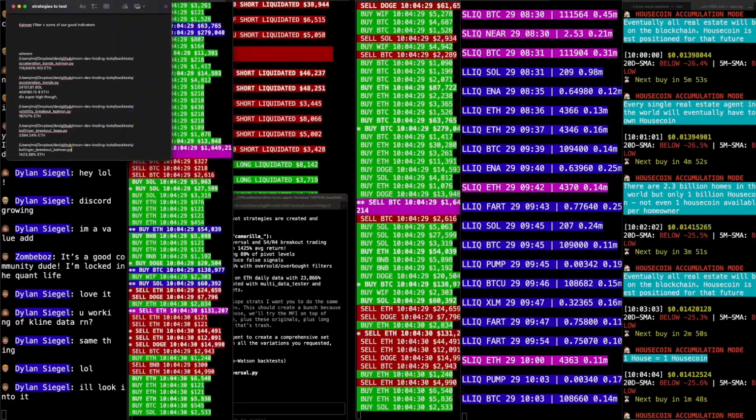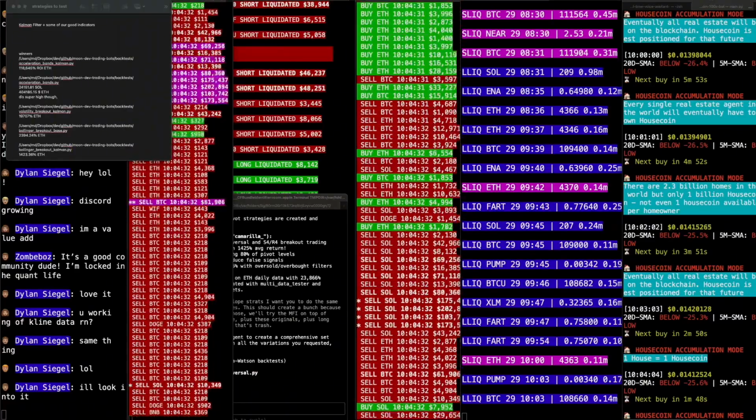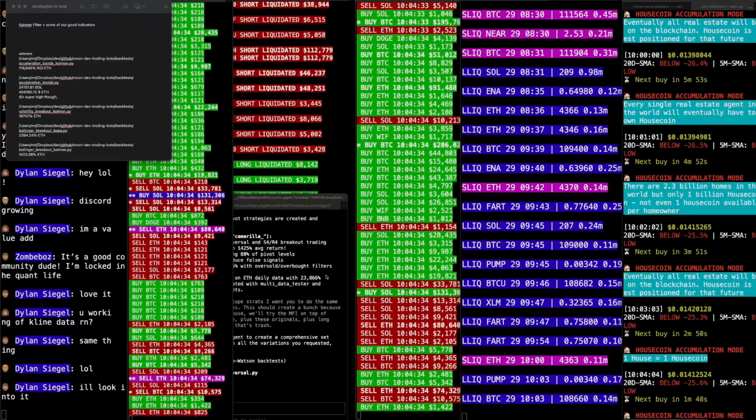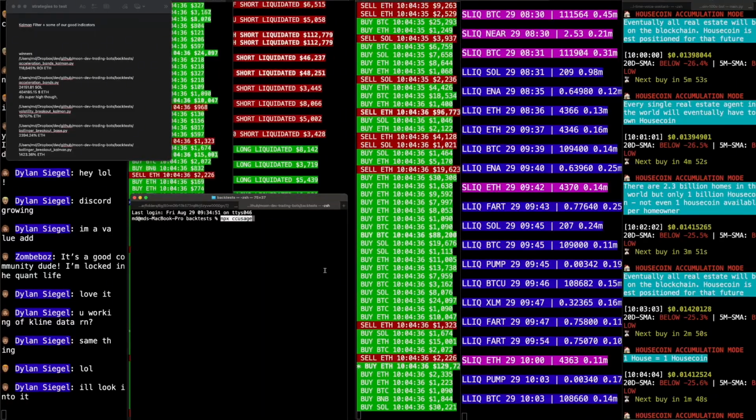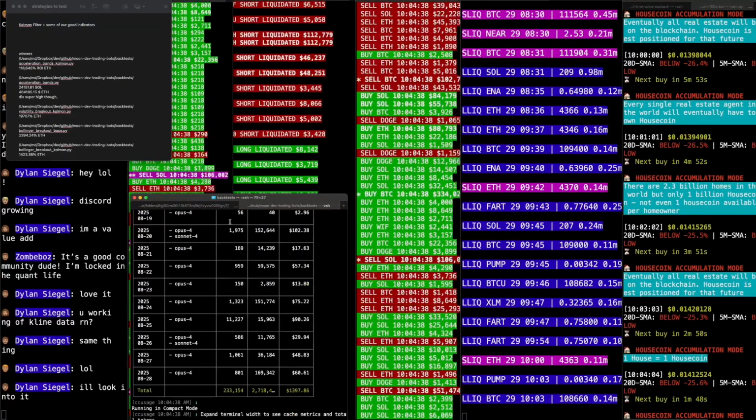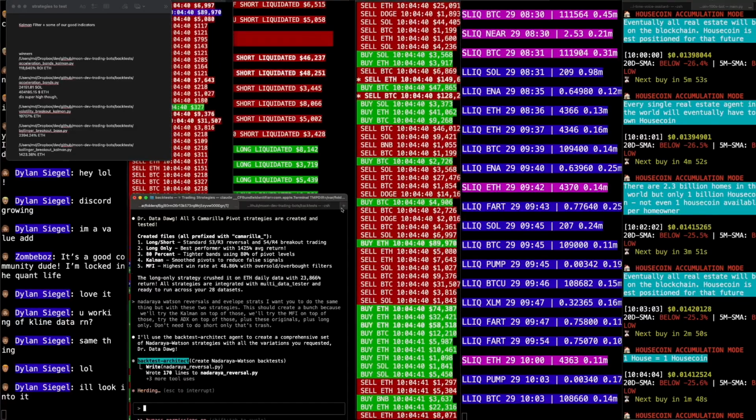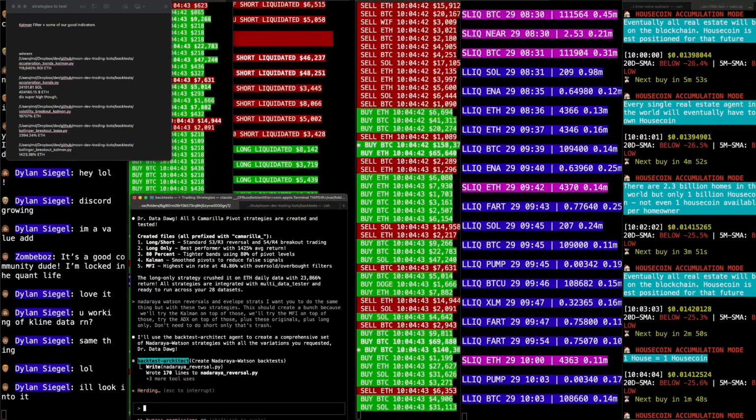Let's go ahead and see how we're doing on our spend today. I know I just looked at it, but I want to look at it again. I'm at $60 in spend. Okay.